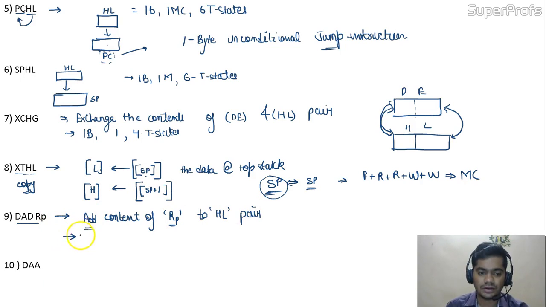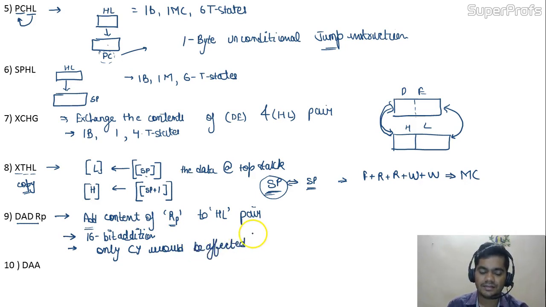Okay, so you can see we can perform with this instruction a 16-bit addition. Okay, because a register pair would be having 16 bits of data, so with this instruction we can perform a 16-bit addition and only carry flag would be affected. In this operation only carry flag would be affected.